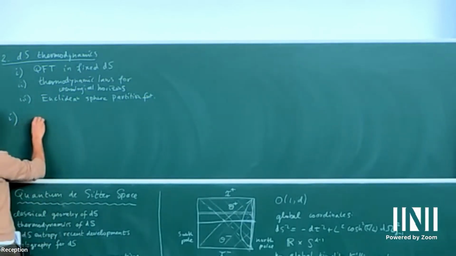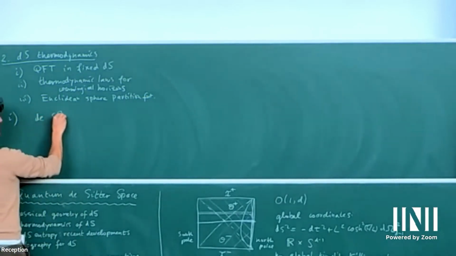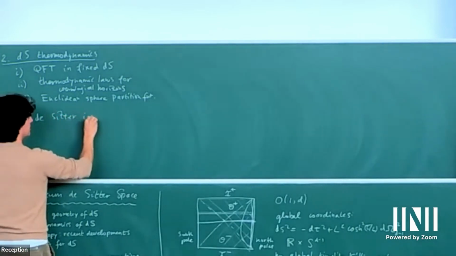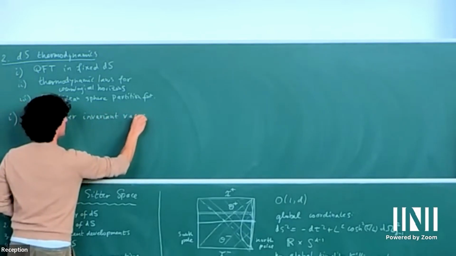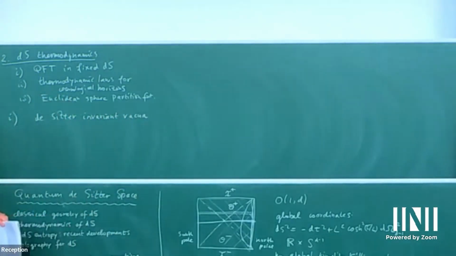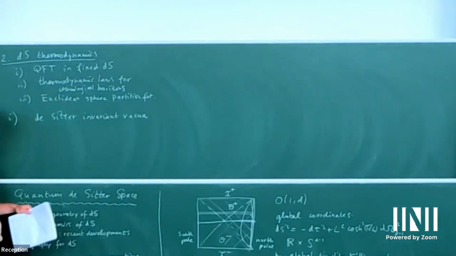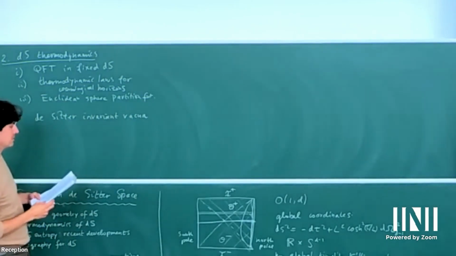So if you consider the de Sitter invariant vacuum, then actually this is not unique. There are very many, called alpha vacua.